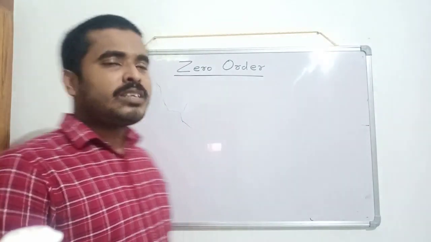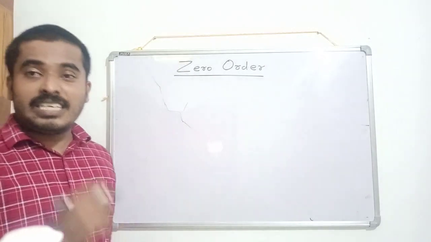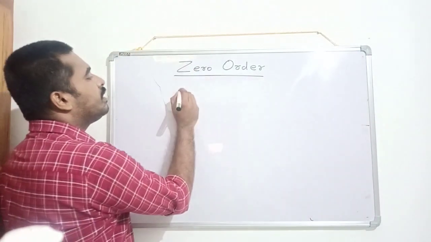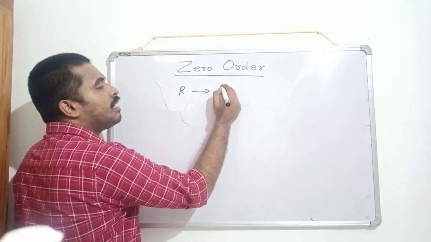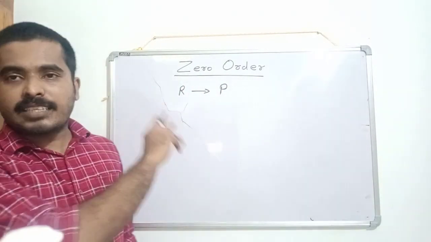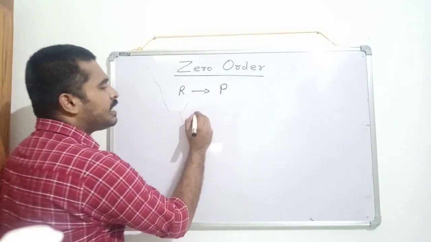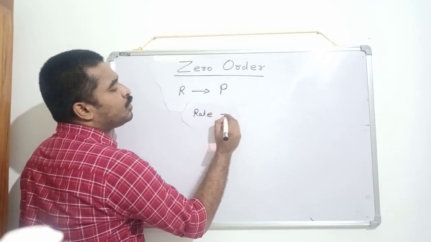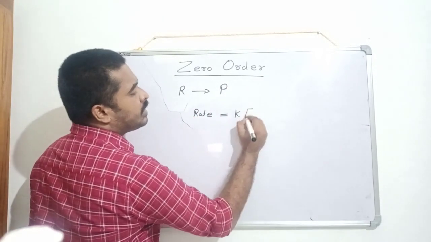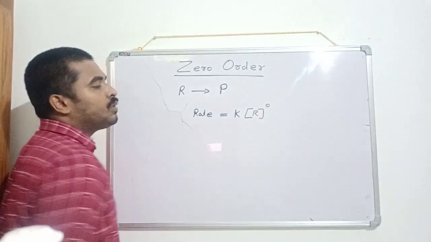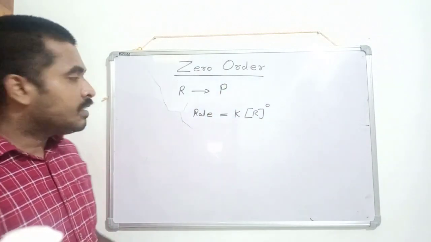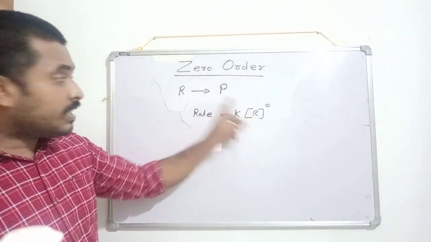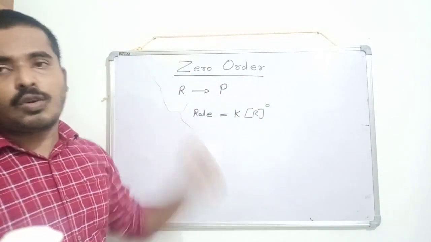Let's go on. We need to find the integrated rate equation for zero order reaction. It's very simple. Consider the reaction R giving P, that means reactant becoming product. We can say rate equals k into concentration of R raised to 0, because it is a zero order reaction.